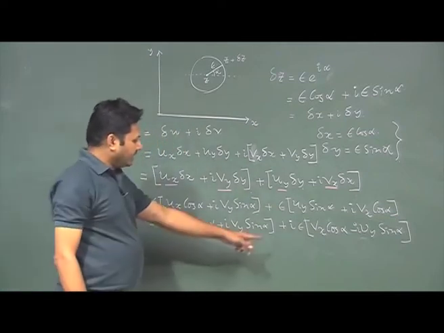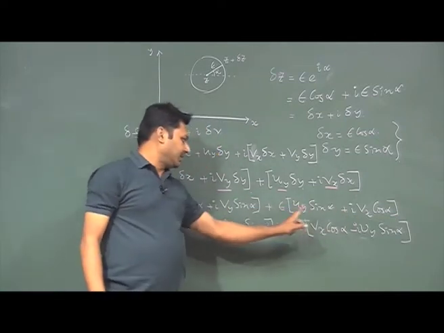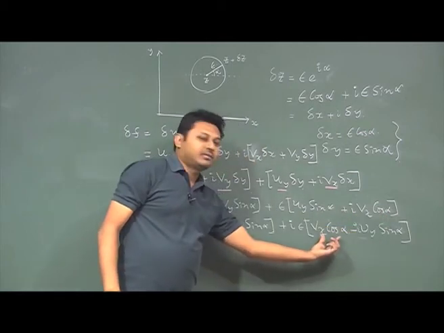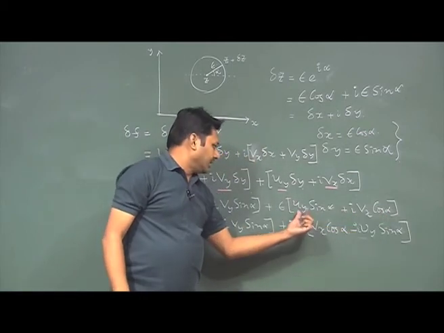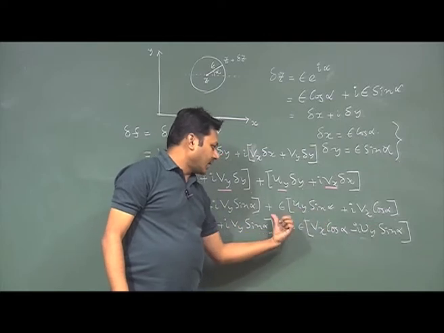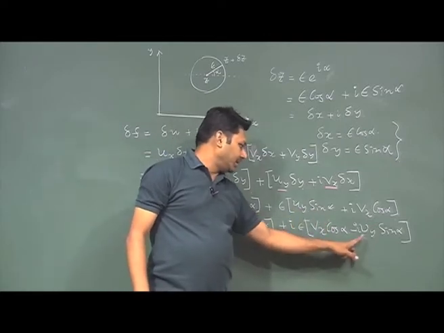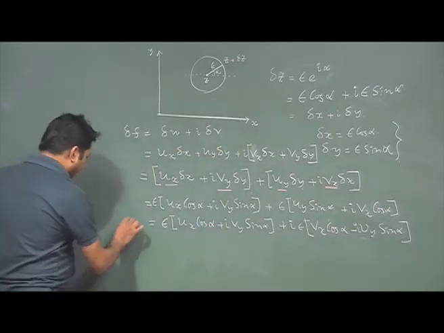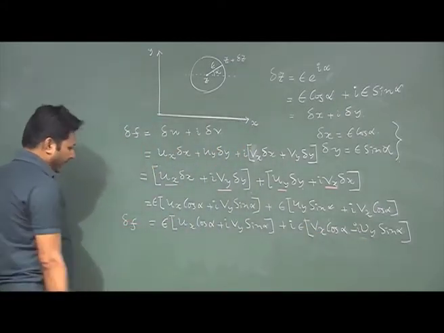I am taking I common from this side, so there will be no I with the term vx cos alpha. So vx cos alpha is here, and I take one I outside, so minus I should be here, uy sin alpha. It is something like that. So, this quantity is my delta f.